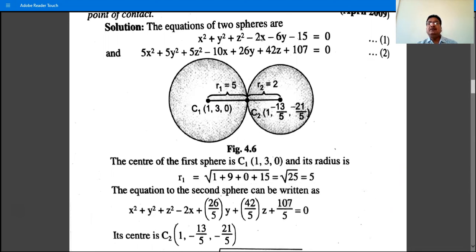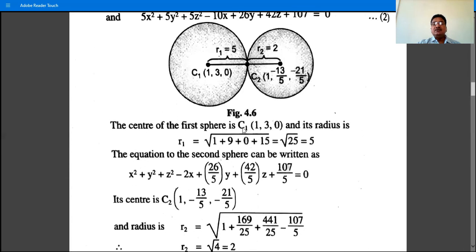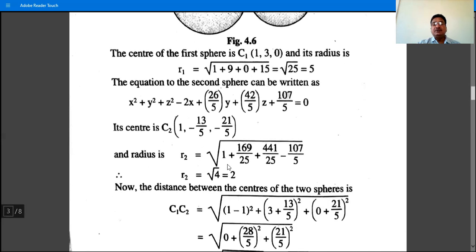So how can we find the coordinates of center and radius? That is, compare these equations with the equation x square plus y square plus z square plus 2ux plus 2vy plus 2wz plus d is equal to 0. Find the values of u, v, w, and then write the center and radius of both the spheres. That is, C1 and C2 are the centers, and R1 and R2 are the radii of the two spheres.